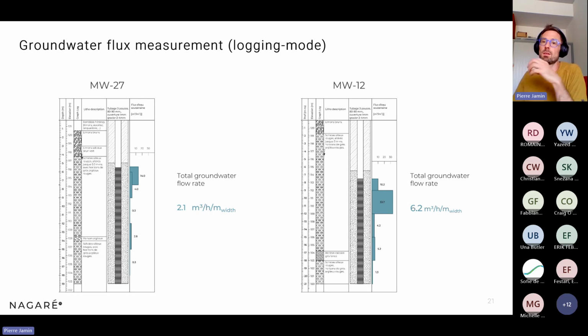So it means that the groundwater that comes to the pumping well is mainly coming from the north.